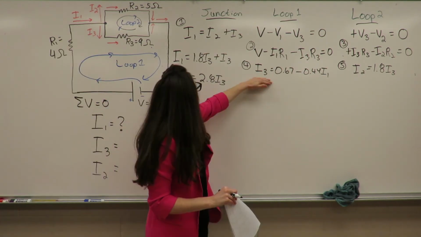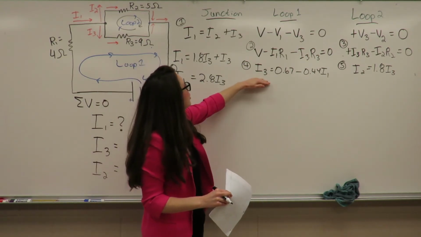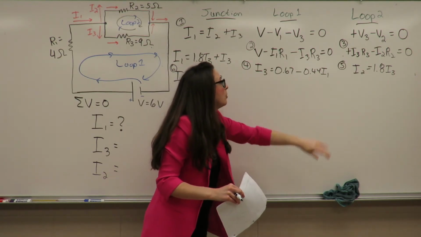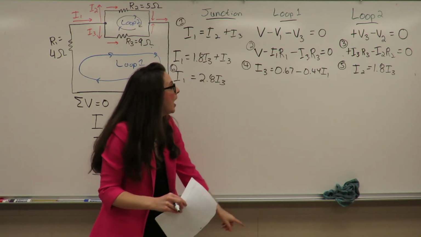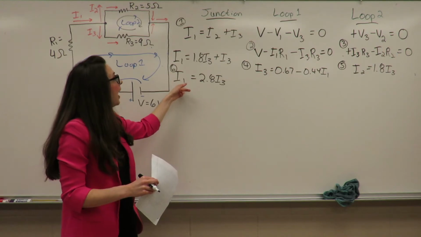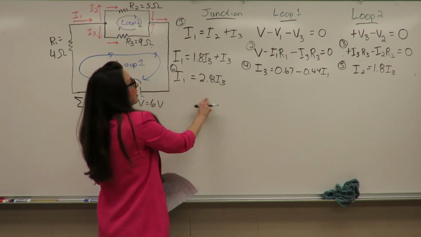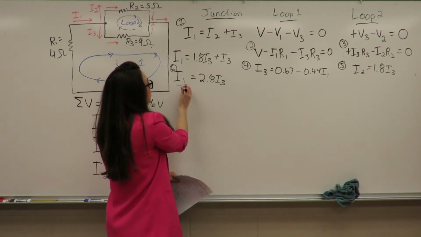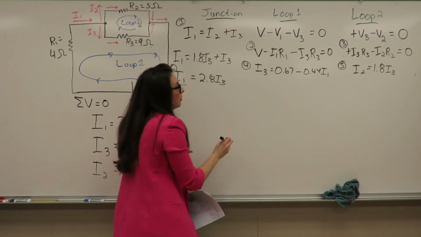I'll tell you exactly why we did it this way. If I go back to equation 4, I've got I3 is equal to 0.67 minus 0.4 I1. Now with this equation, I don't know what I1 is, but I just found an equation for I1 in terms of I3. So I'm going to take equation 6, I1 is equal to 2.8 I3, and plug it into equation 4.